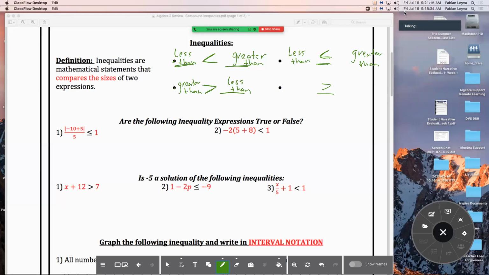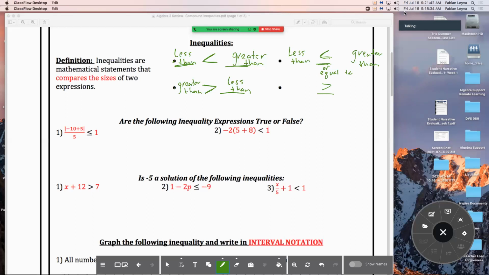Now, keep in mind that whenever you have this line, it's also an option that it could be equal to. This symbol depends on which way you're reading, left to right or right to left. Going from left to right, this would be less than or equal to the right side, or working backwards, it says that not only could one side be greater than or less than, but it also might be equal to. The same thing goes for this one.